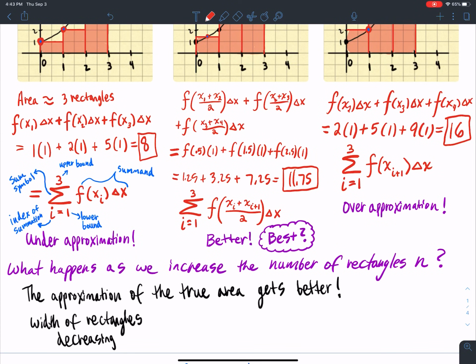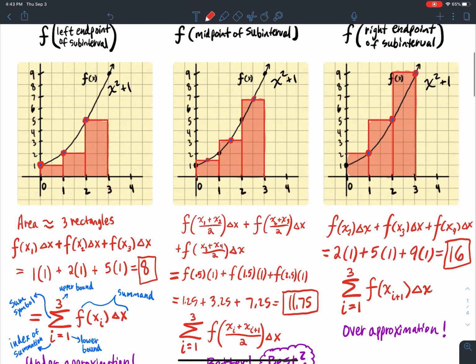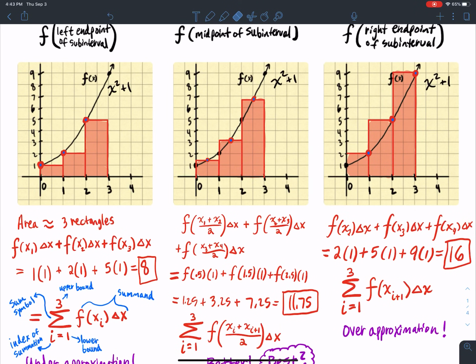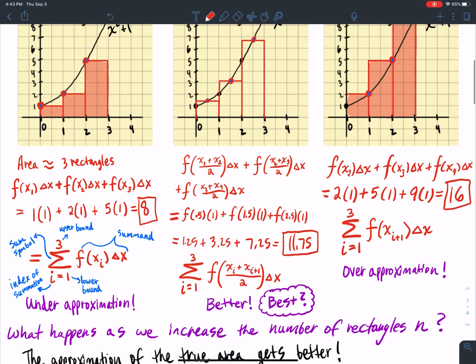So with the width of the rectangles, what's going to happen to that width as we increase the number of rectangles? Well, if you increase the number of rectangles, then the width gets smaller than what it was. Okay, so the widths just keep getting smaller and smaller.